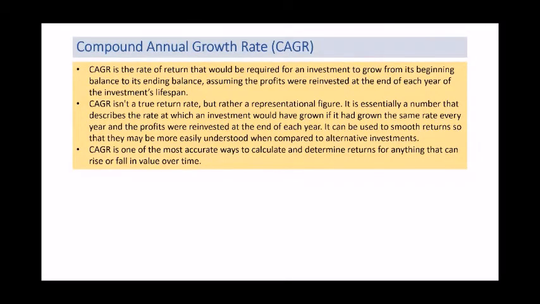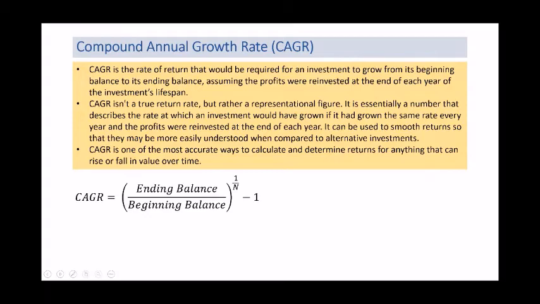CAGR is the rate of return that would be required for an investment to grow from its beginning balance to its ending balance. We have the beginning balance, which is negative 1.8 million, and the ending balance based on the FW. So what is the rate from that 1.8 million up to 4 million? How fast did the negative 1.8 million become 4 million in 7 years? That is what we are defining in the compound annual growth rate.